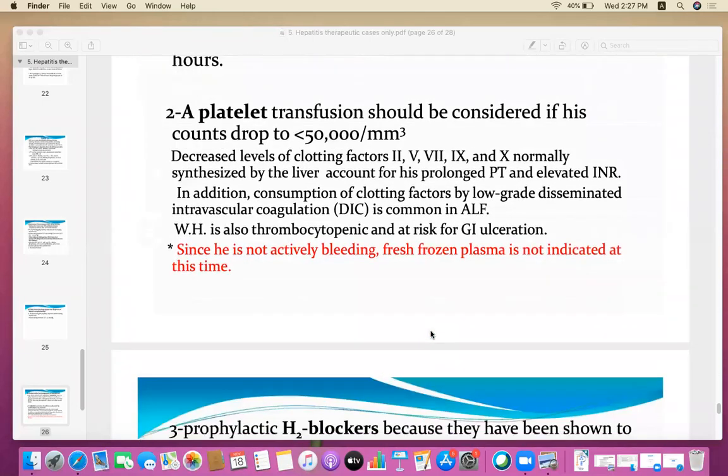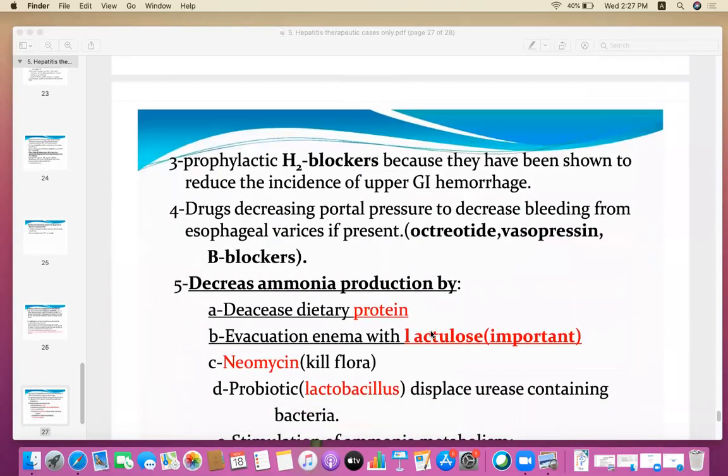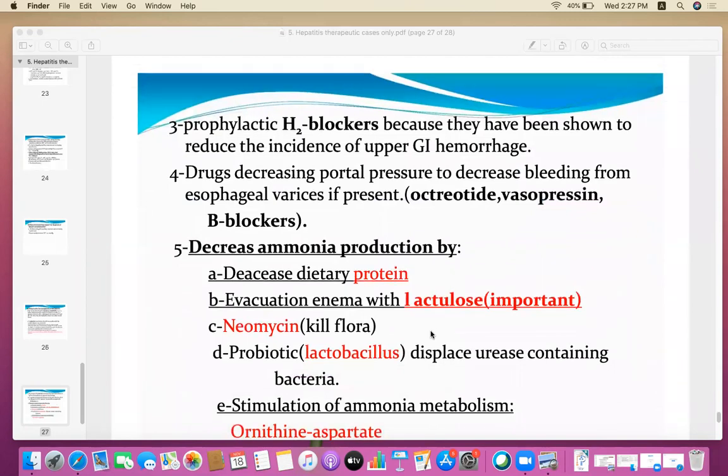Another management option includes prophylactic histamine 2 receptor blockers. As we discussed in the lecture on hepatic encephalopathy, the management plan includes histamine 2 receptor blockers to reduce the incidence of GI hemorrhage.